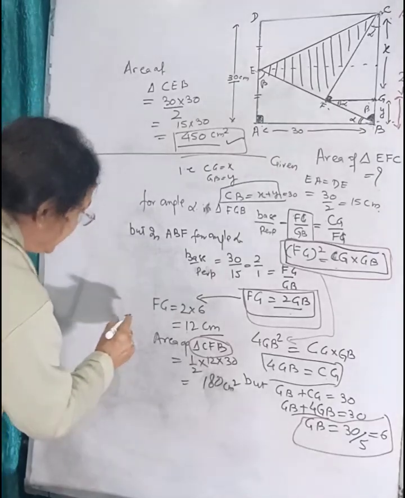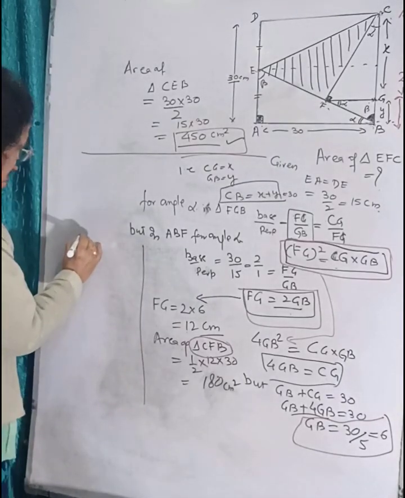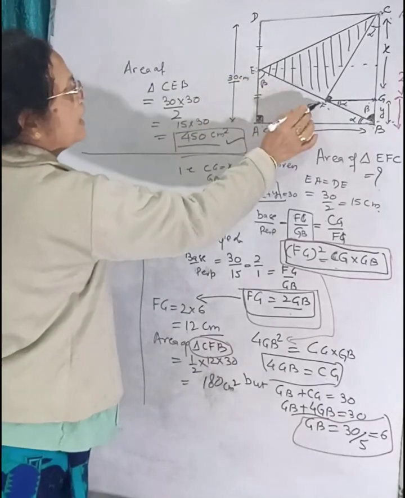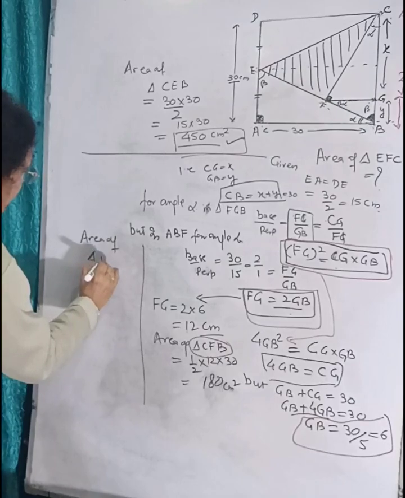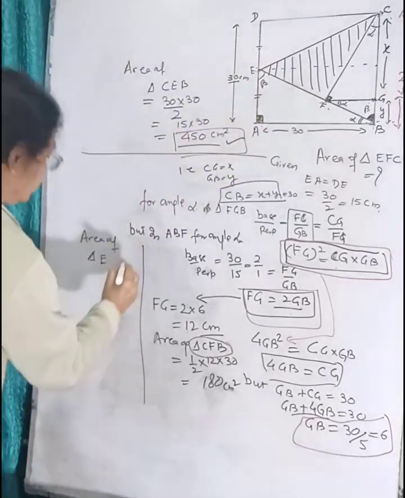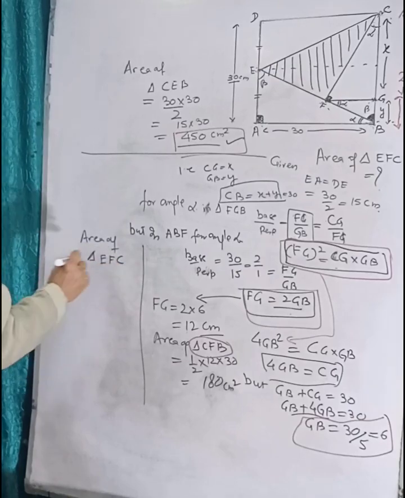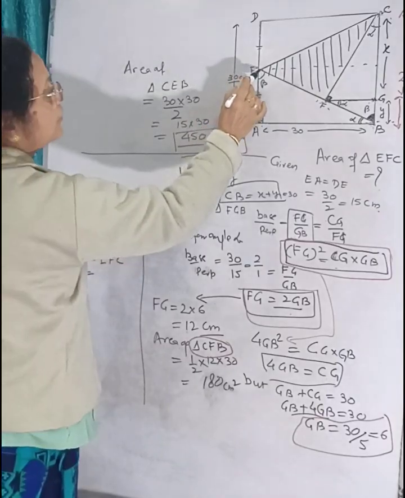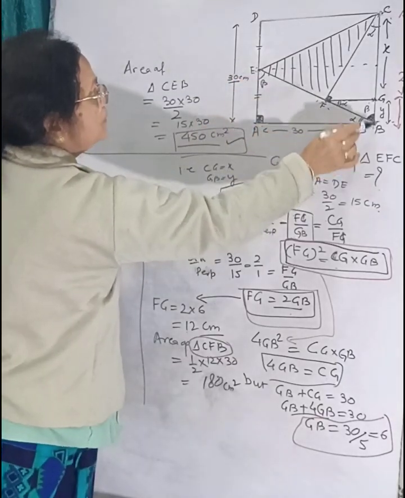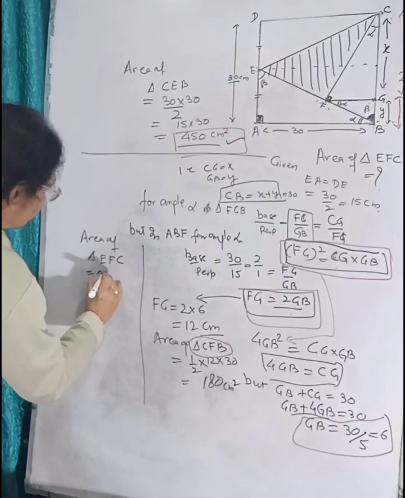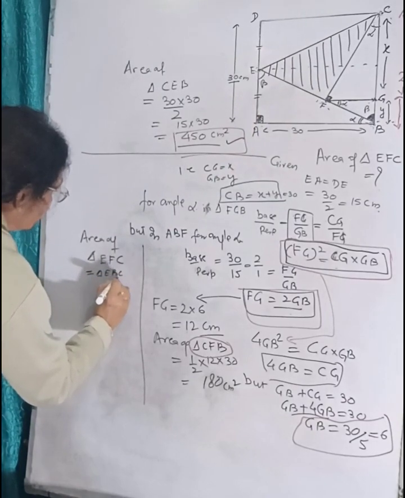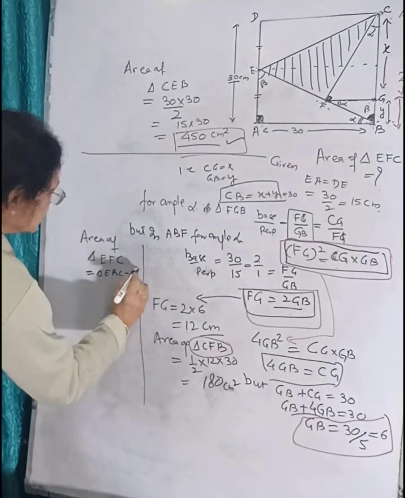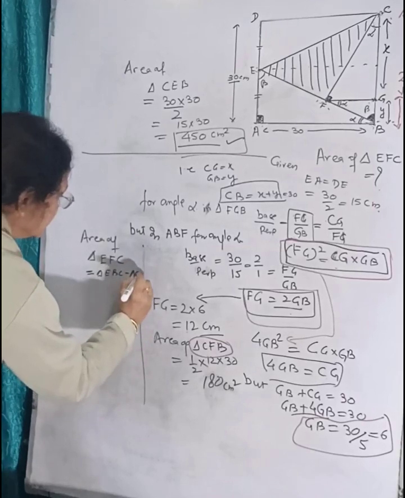Hence, now the area of the shaded region, that is EFG, triangle EFC. Area of EFC will be equal to area of EBC minus area of CFB.